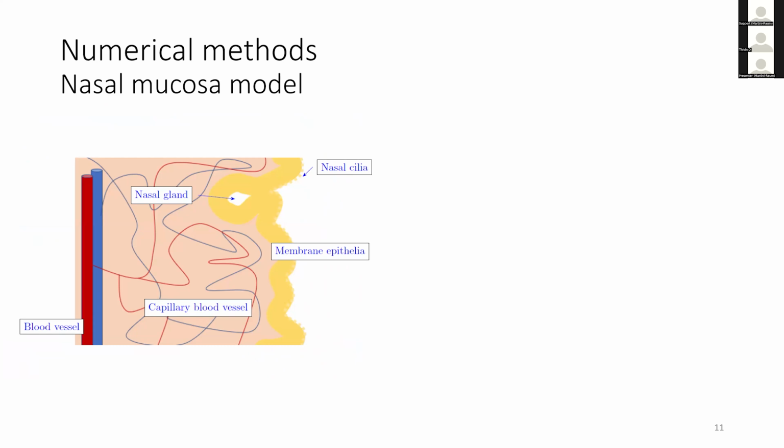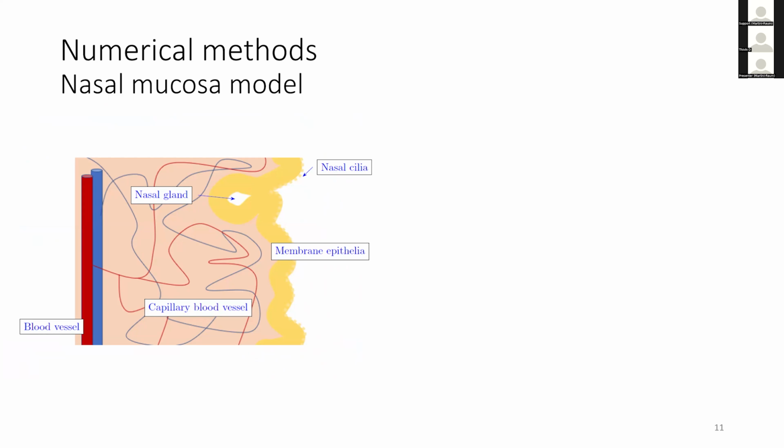Then, okay, we now have our set of equations for the humidity and for temperature, so to say passive scalar transport equations. But this is not sufficient because, as we heard in our previous talk, the mucus layer is also very important. Now I realize your figure was much better than mine, but it still shows the main parts that lead to this mucus layer.